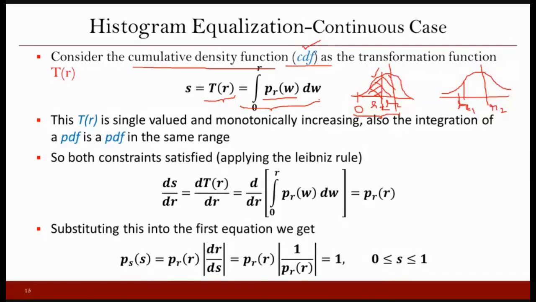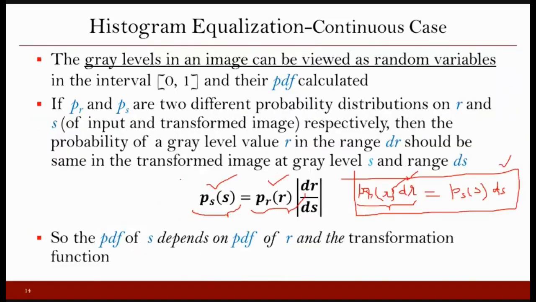So now let us see if we are able to satisfy those properties that we discussed earlier. If we are choosing this CDF as TR, what were the properties? The very fundamental property was that this TR should give us the uniform distribution. So let us see if our distribution is going to be uniform if we are using this cumulative density function as our TR.